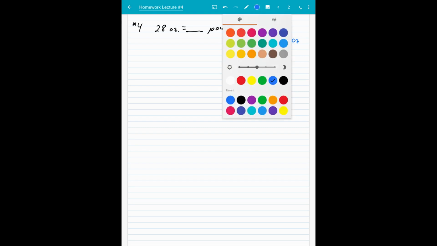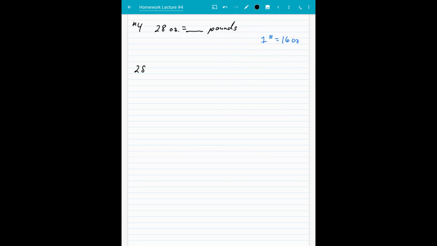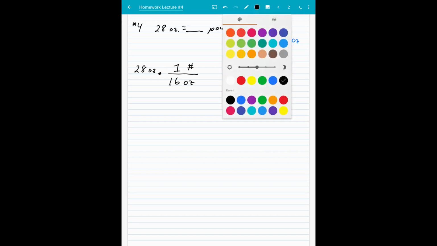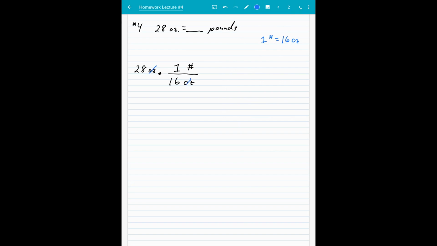So for every 1 pound, we have 16 ounces. Set up your conversion line. Start with what you know, 28 ounces. Since we want pounds up on top, we write down pounds, and then the ounces go on the bottom. The one we want is written on top, the other one is written on the bottom. So for every 1 pound, there's 16 ounces. And as you can see, ounces cancels out.